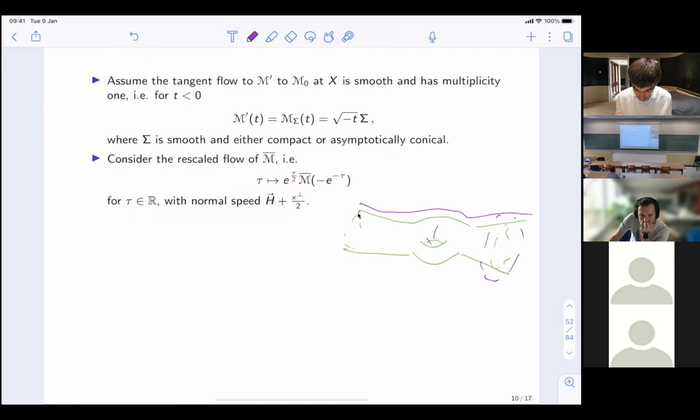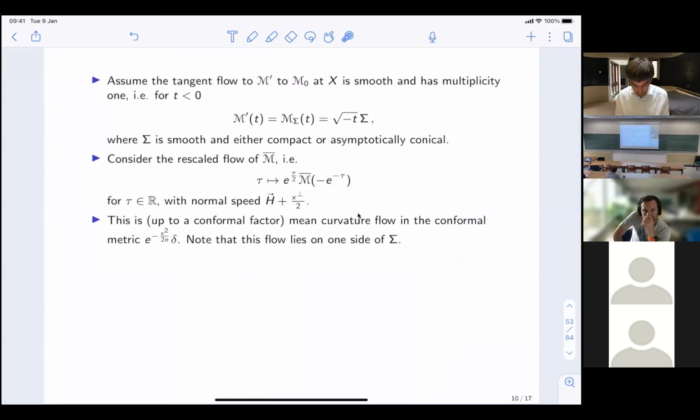But it also has a very thin neck. Okay, that's this flow in this rescaled setting. So this guy is fixed now, it's not moving, and we have only this guy moving here. But it's not anymore mean curvature flow, it's mean curvature flow with this forcing term.